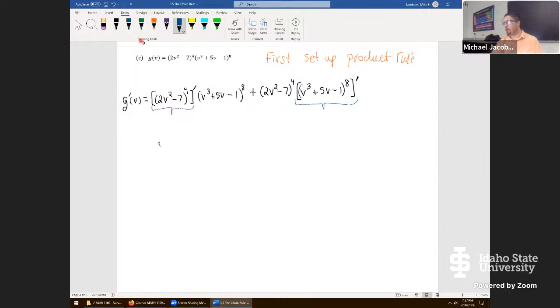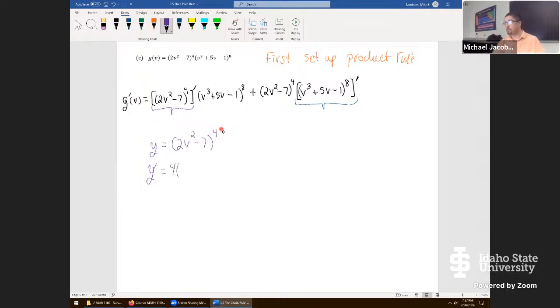So let me call this, say, a y equals. Oh, that's the wrong color. Let me try again. This one will be a y equals (2v squared minus 7) to power 4. So down below, I'll call this one a y prime. First thing that happens is this power 4 is an outer function by the patterns we've seen in the prior problems.